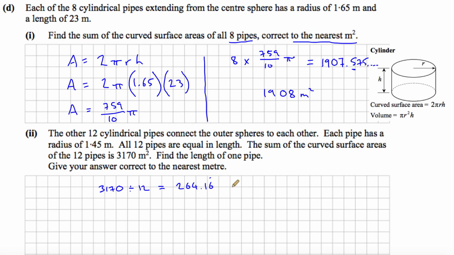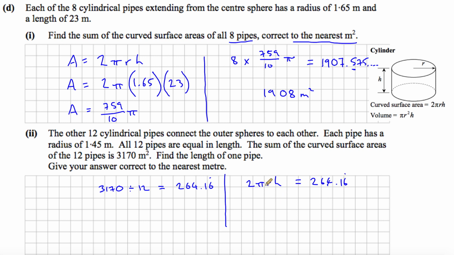Okay, so now I know that the formula for the surface area of a cylinder or a pipe is 2 pi r h. So I know that 2 pi r h will be equal to this 264.16 recurring.